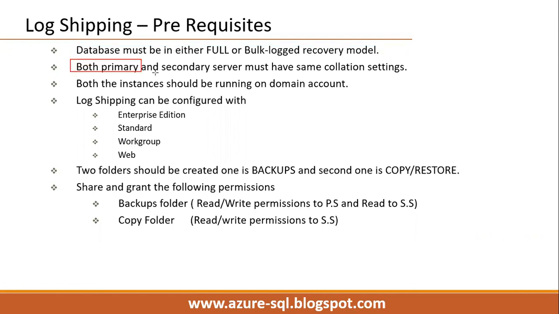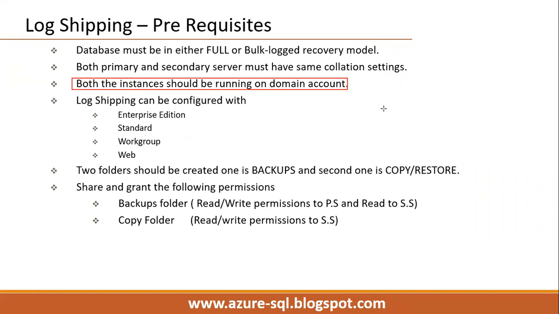Then, both primary and secondary servers must have the same collation settings, meaning language settings. Both instances must be running with a domain account, and both servers should be in the same domain.